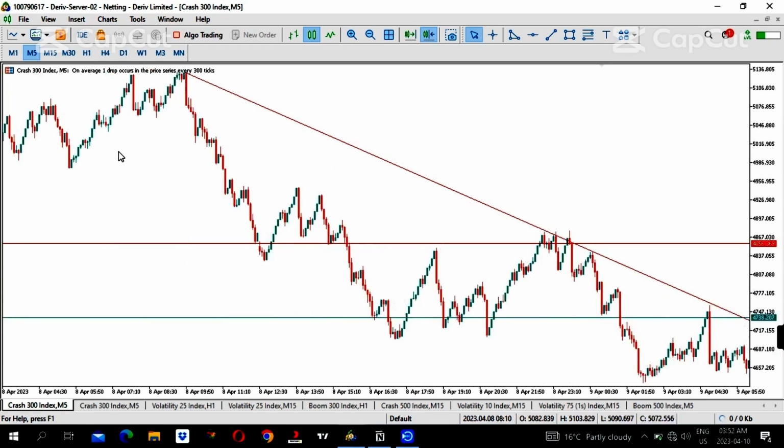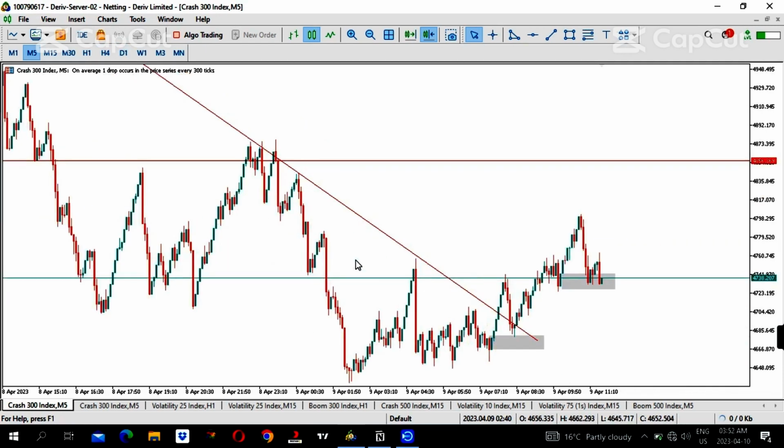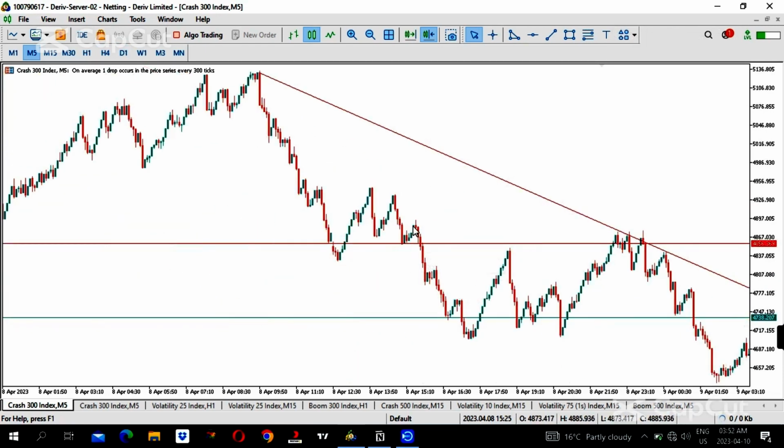This is Crash 300, sorry. Let me take an example of this trade over here. As I showed you on the 1 hour time frame, we're in a downtrend, so it was okay to look for a sell setup. Right here we've got a supply zone, and the market drops down from a supply zone.